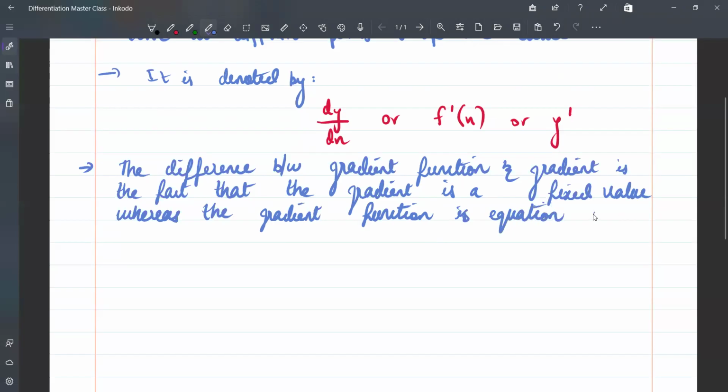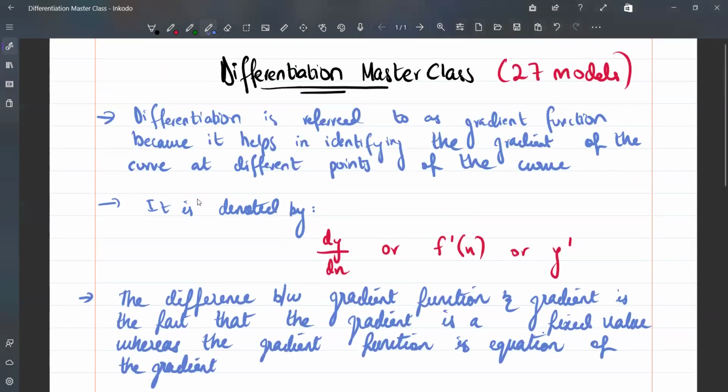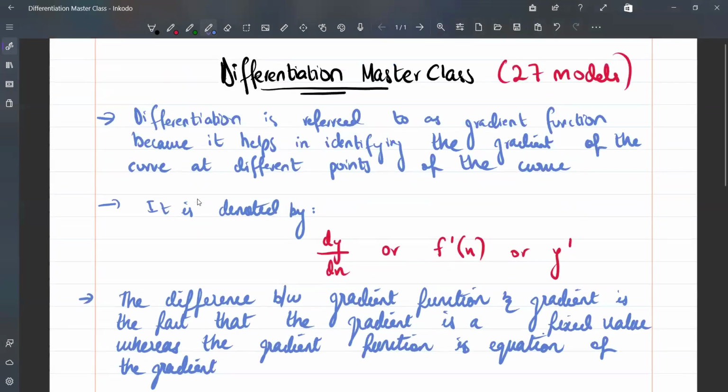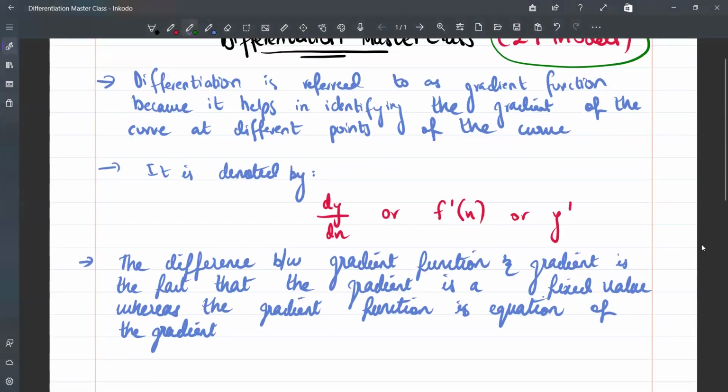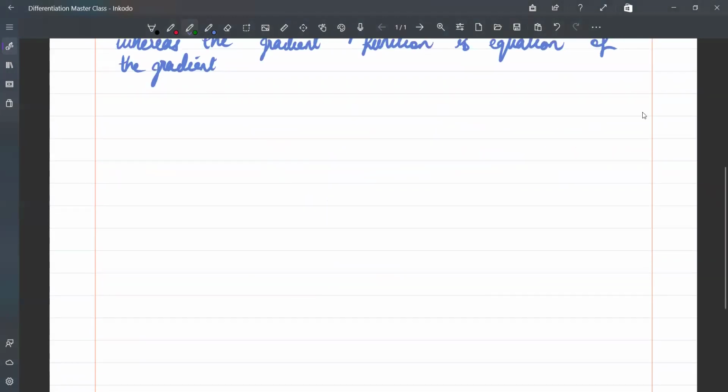So this is simply what differentiation is. Now, in order to apply differentiation, we have to apply certain models, and these models are 27. So let's start off with our very first model.